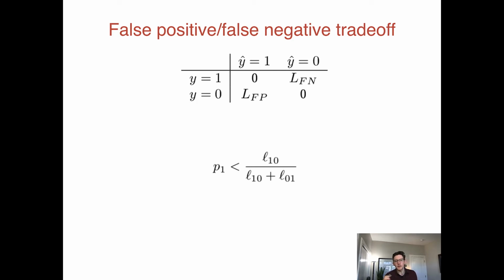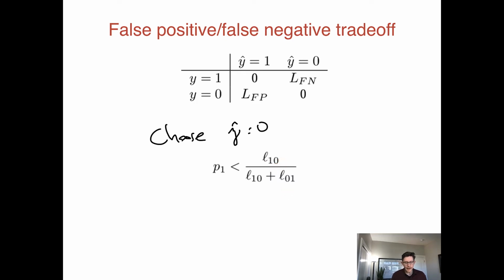And with a little bit of math, we can work out that we want to choose y hat equals 0 if the probability that y equals 1 is less than this. So this is the loss if we predict 1 when the true value is 0, and vice versa here.